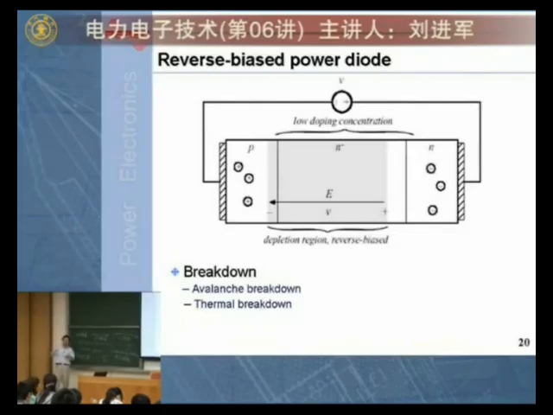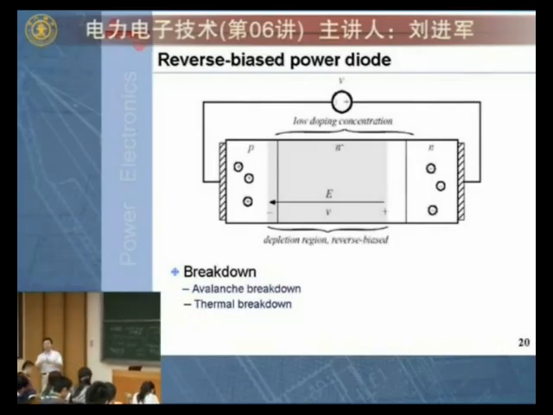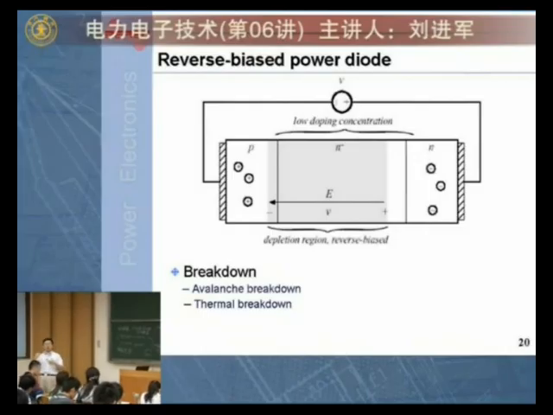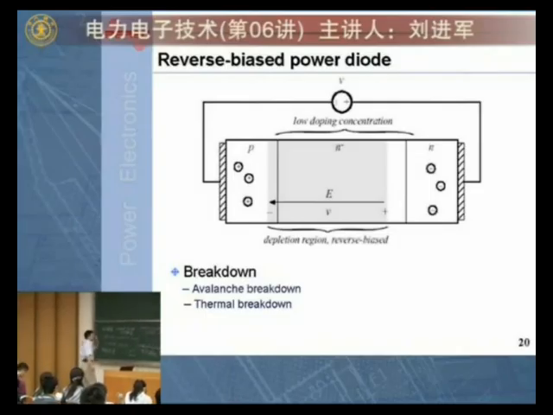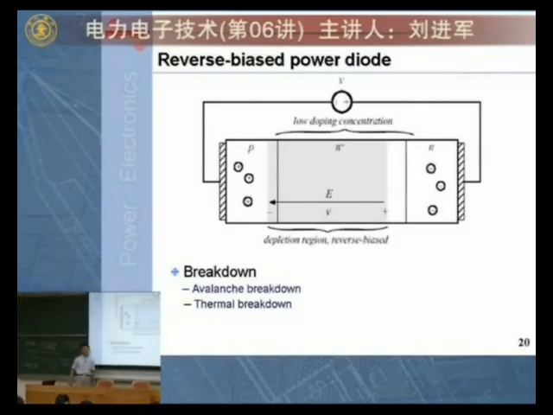And we have very high voltage, very large current, you make very high power loss, energy loss on the diode, therefore you generate a very large amount of heat, and you gradually destroy the diode. That's when you destroy it because of the heat. Then it's called thermal breakdown.